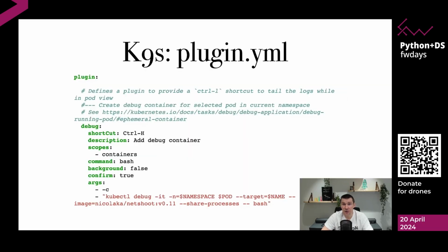My favorite feature is plugins, because if you frequently debug different containers, you can for example create a plugin which on a hotkey will run a debug container, and as you can see, you can pass different names and there's no need to type them manually, and it will troubleshoot and debug your containers.